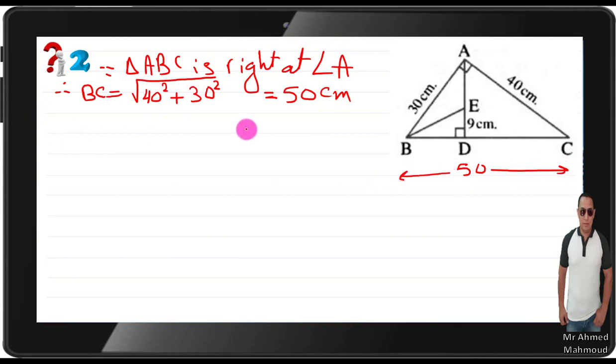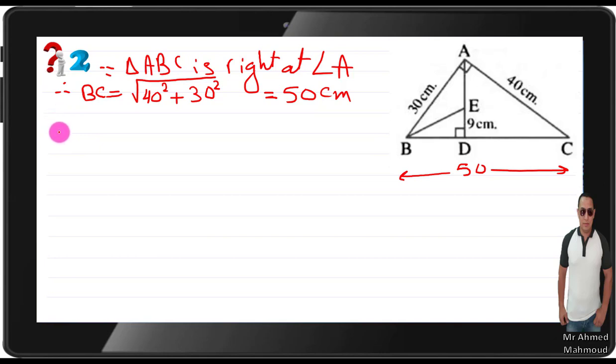Now it's easy to find AD by using the rule AD equals AC times AB over BC from the Euclidean theorem. This is explained in lesson 2; you can go back to the video.